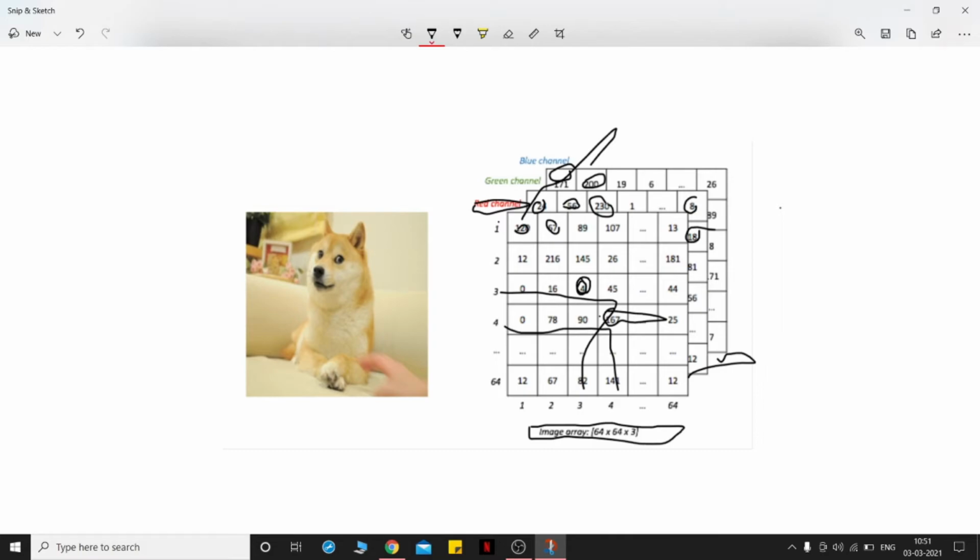So you have 67, 56 and then 200. These are layered on top of one another. So what do these do?